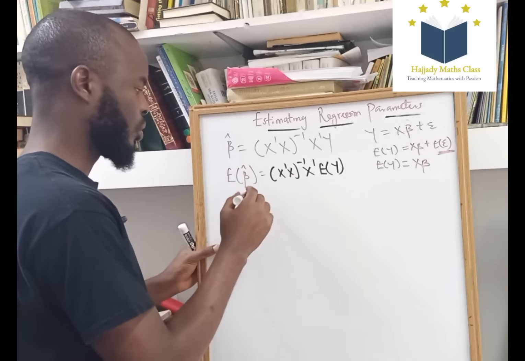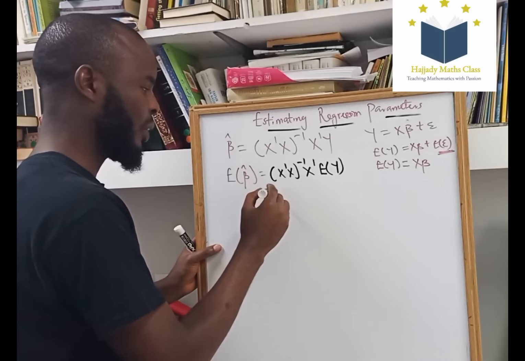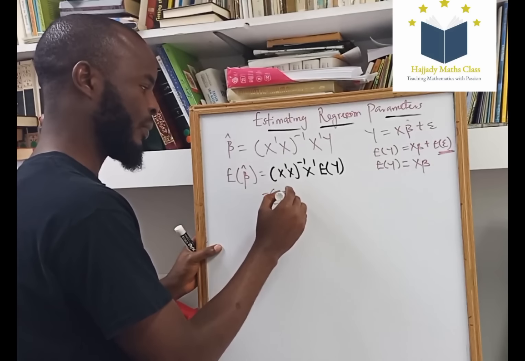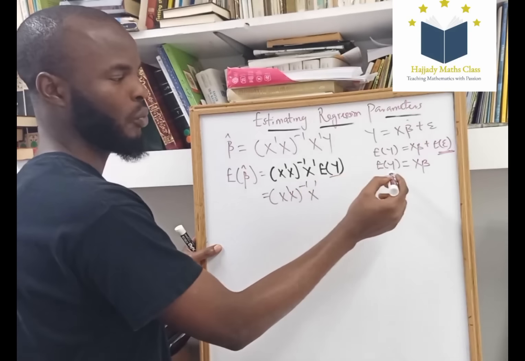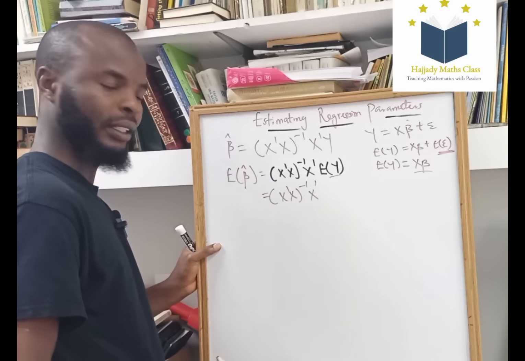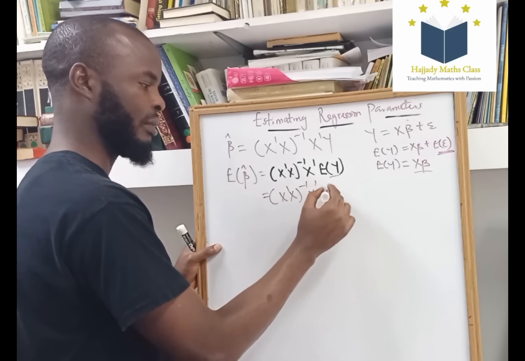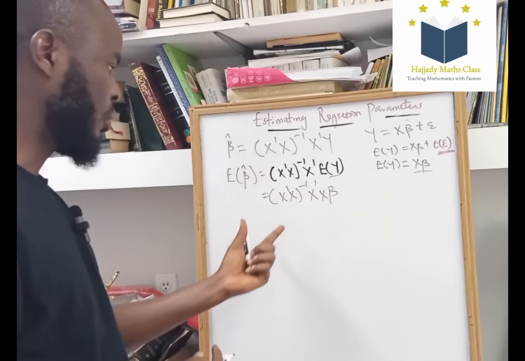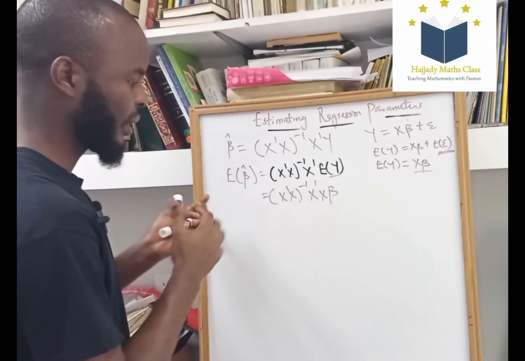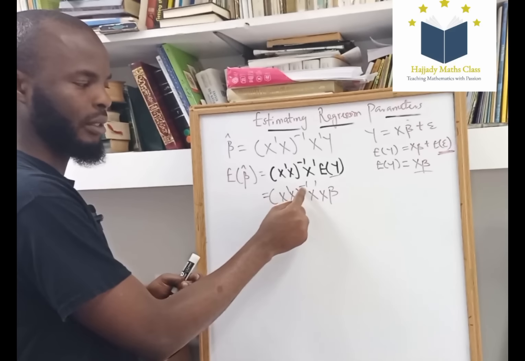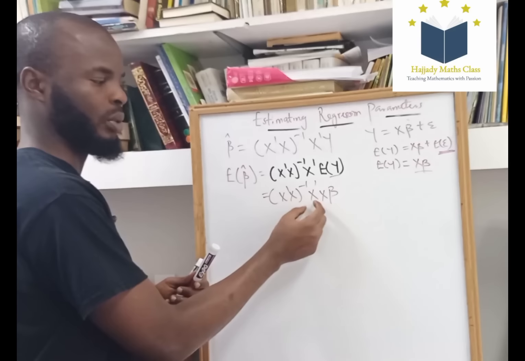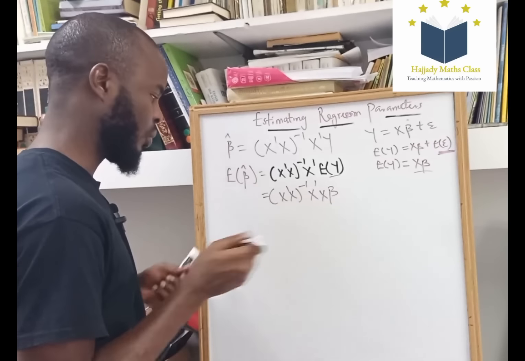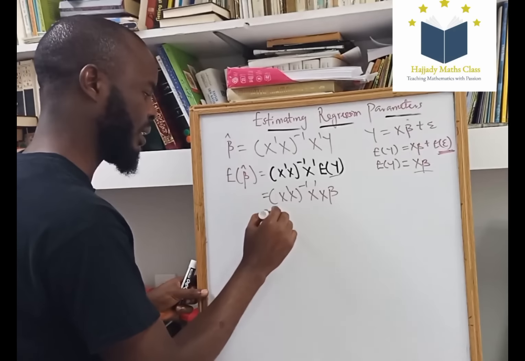So here we have X prime X inverse X prime, and the expectation of y is the same thing as Xβ. Now, looking at these two matrices, X prime X inverse multiplied by X prime X, this shows that this is just going to be 1. So here we can have our β.